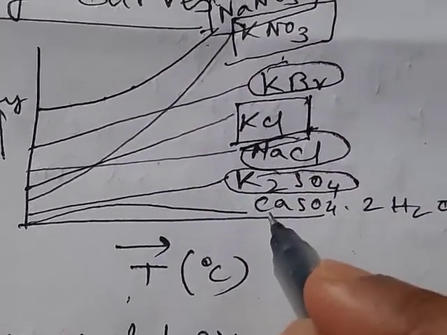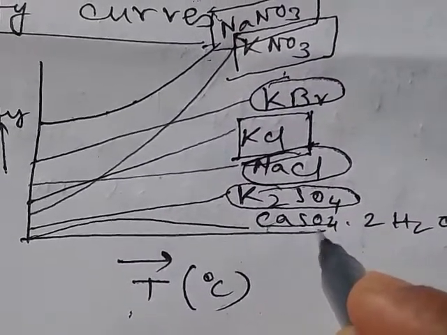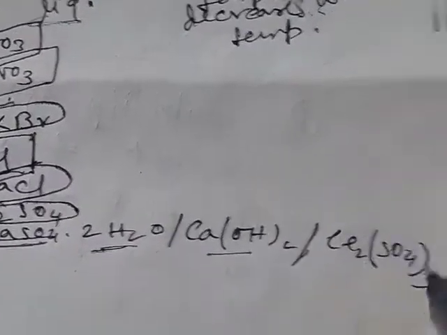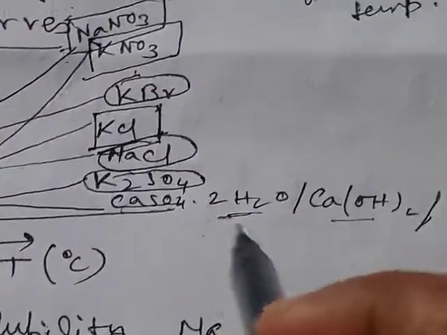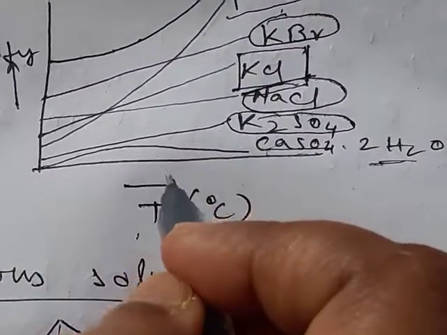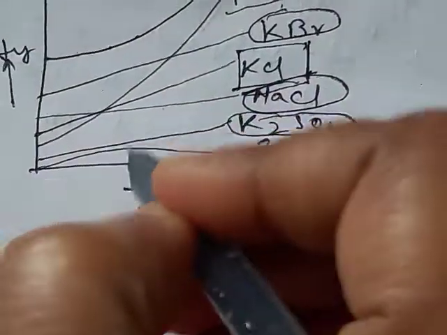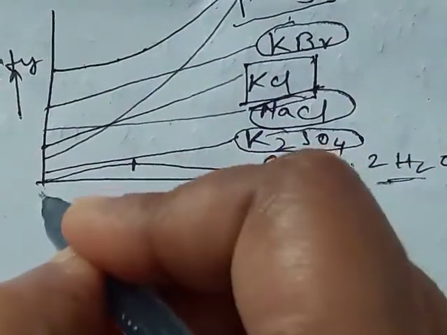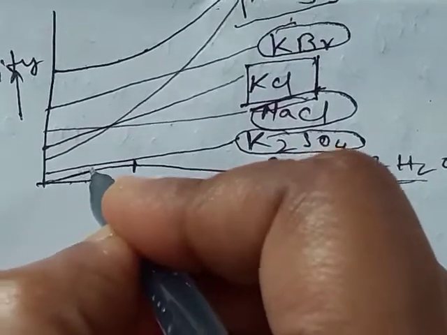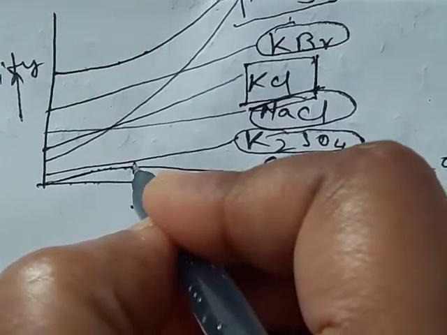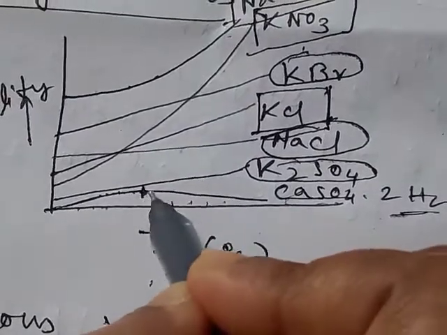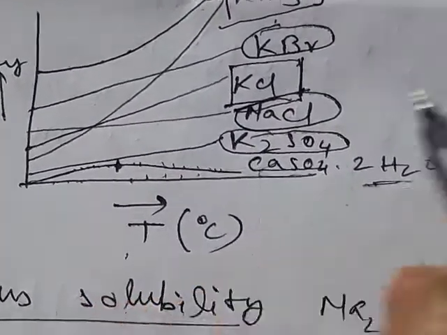But for calcium sulfate 2H2O, that is gypsum, or for calcium hydroxide or cerium sulfate, we observe abnormal behavior, that is a decrease of solubility with temperature after a certain temperature. Initially solubility increases with temperature, and after reaching a certain temperature, with further increase in temperature their solubility decreases.